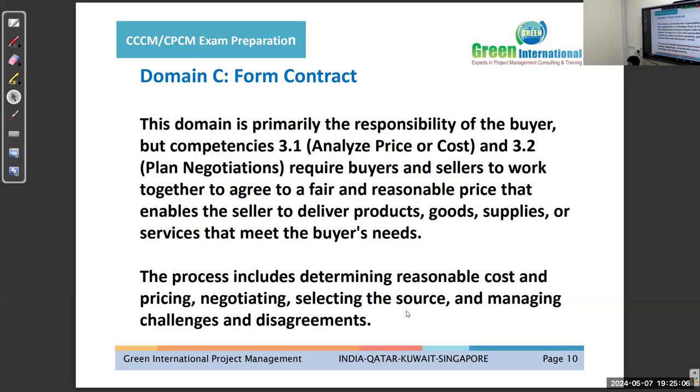So in both domains, as a buyer, we must have a clear understanding of what competencies are to be achieved as a buyer, as a contracts manager, commercial manager for the buyer position, and as a seller, what competencies are required and how we will gain them through our certification.